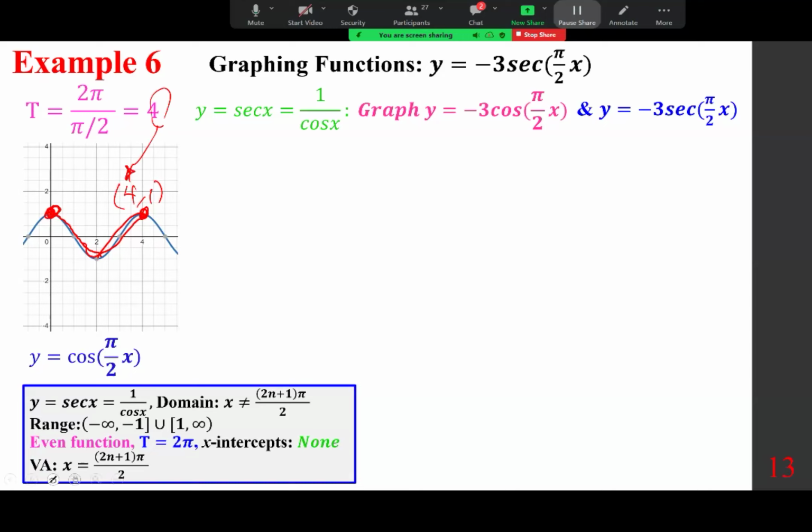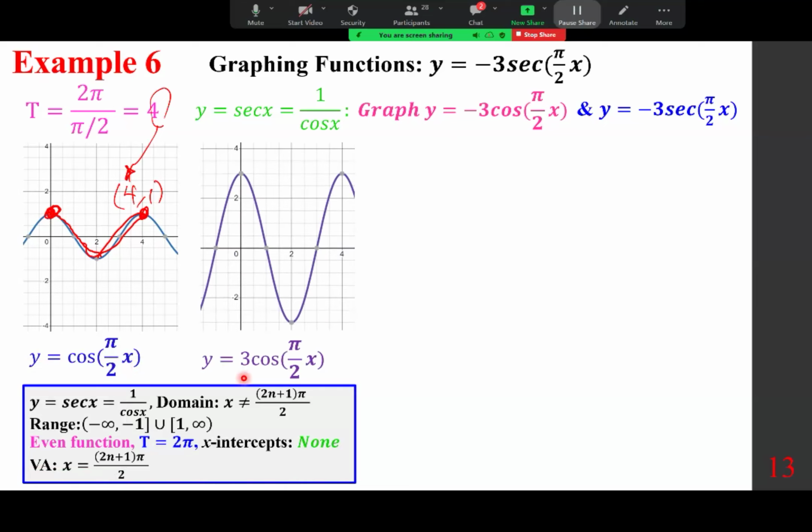Instead of 2 pi, okay? So this is cosine of pi over 2x. We are going to look at 3 times cosine of pi over 2x.